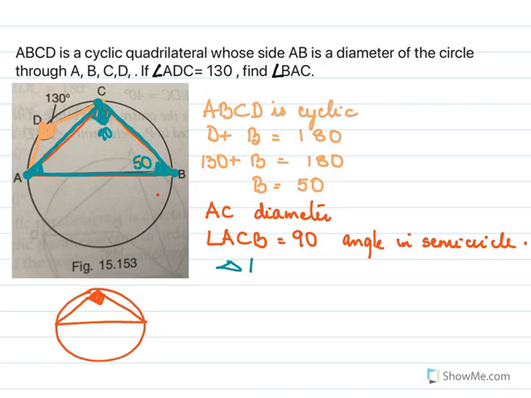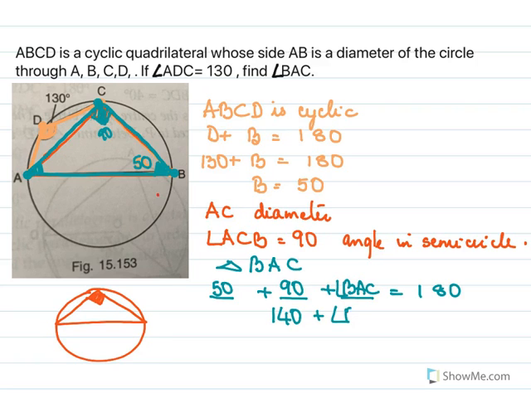So in triangle BAC, angle 1 plus angle 2 plus angle 3 equals 180. So 50 plus 90 is, not 130, this would be 140, plus angle BAC equals 180.